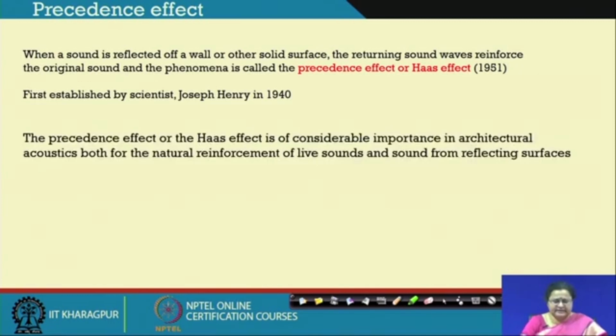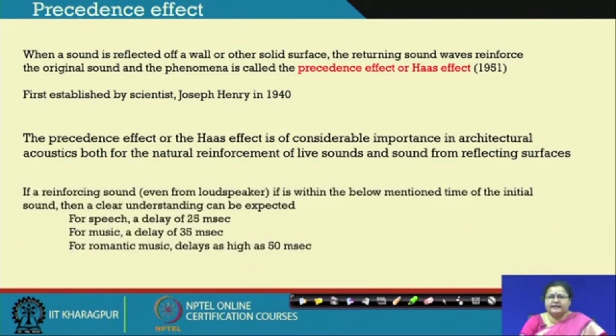Hence it is of considerable importance in architectural acoustics, because the sound produced at this point source has to travel to every corner of the space where the audience is sitting. So, it is not only my voice which is reaching, but also the reflected sound which is helping it reach the ears of the audience. So, it is very important, and we have to keep the precedence effect in mind.